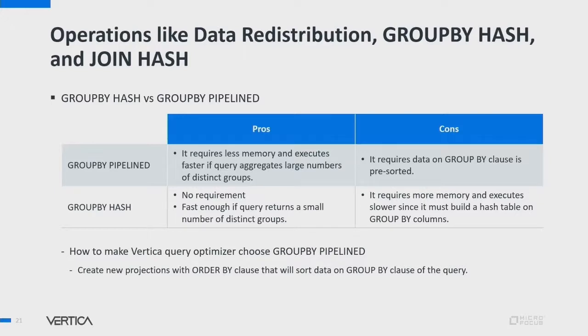Group by pipeline executes faster and requires less memory compared to group by hash, but it requires data to be pre-sorted for the columns used in the group by clause. For the query plan to pick group by pipeline, the order by clause of the projection design should match the columns used in the group by clause of the query.